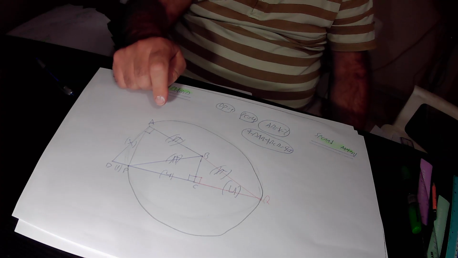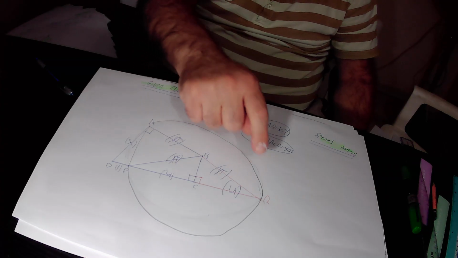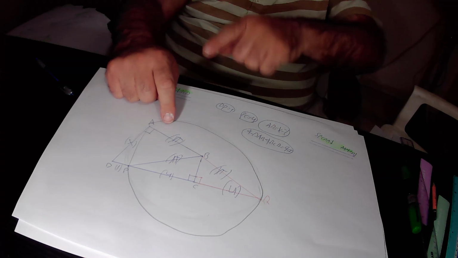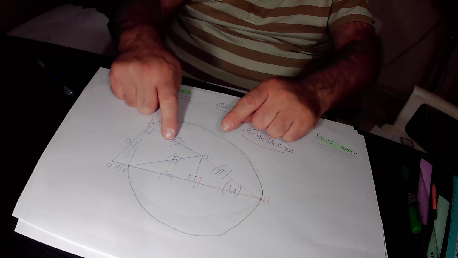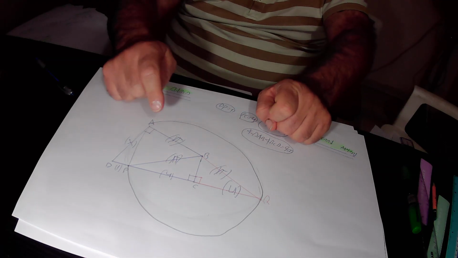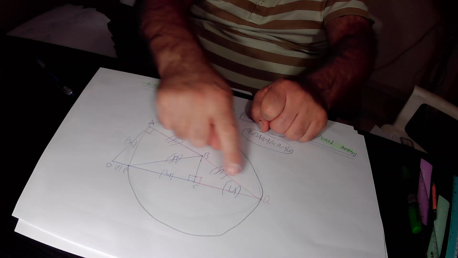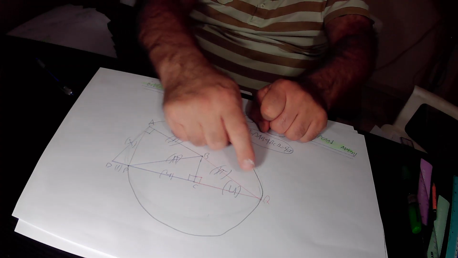And because AB equals BP equals BQ, and those three line segments are all radii of the circle, it means that the circle must pass through points A, P, and Q.